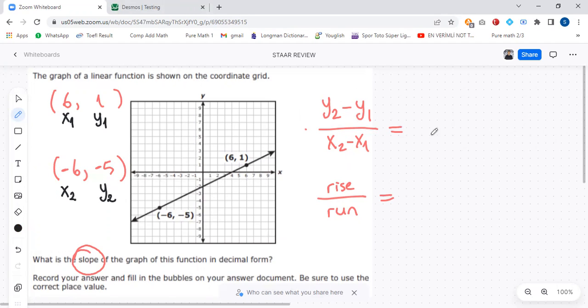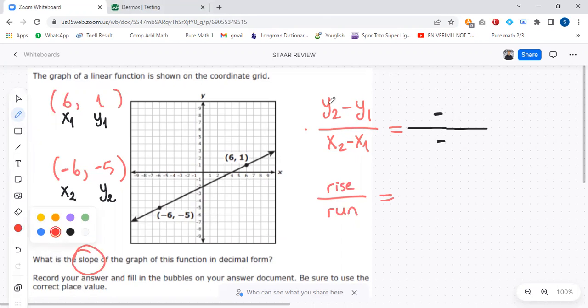So y2 minus y1 over x2 minus x1. So guys, what you're going to do here is draw a fraction bar, and then you put these minus signs. Okay, so these minuses come from this formula. Let me use another color here.